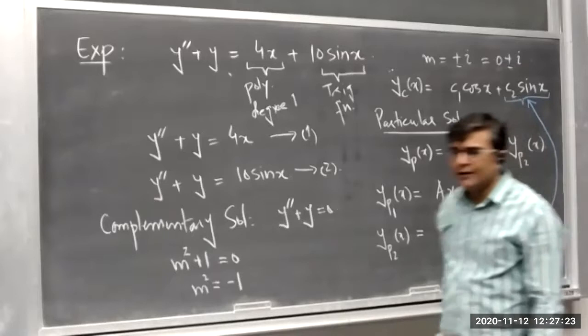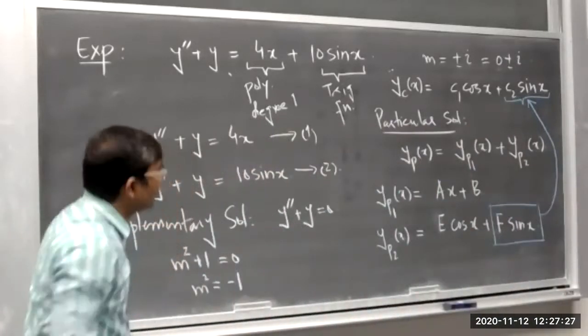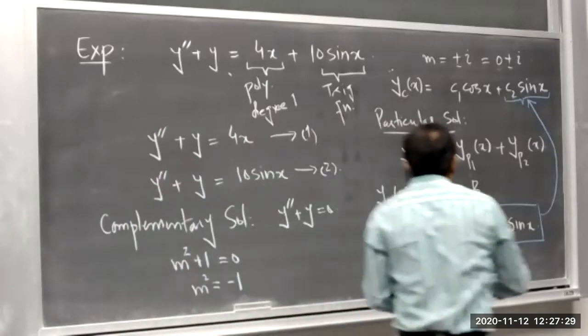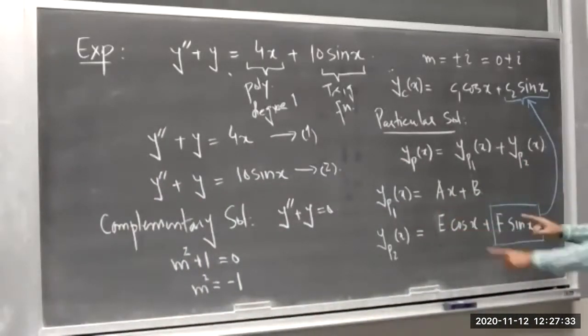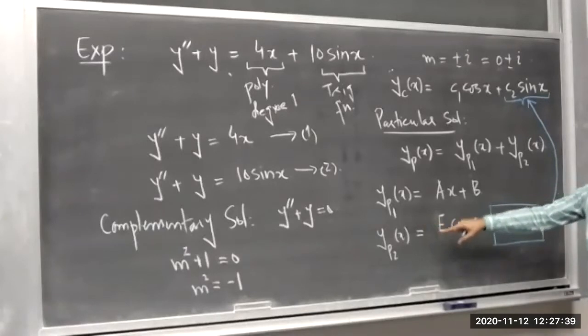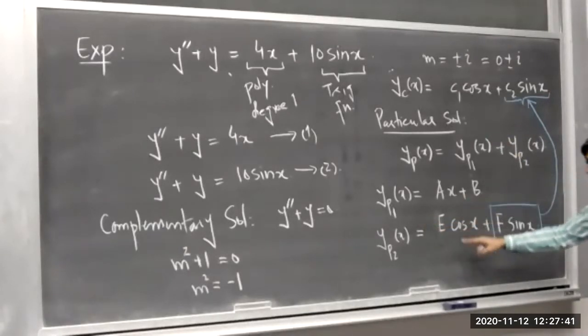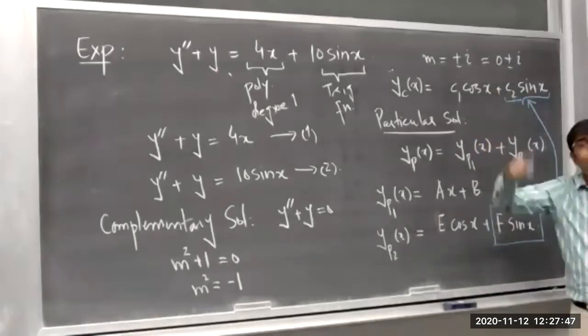So what we do here, we again apply the similar kind of rule. We multiply this second yp by x to the power n and choose the minimum value of n, so that all the terms in the assumed particular solution are different from all the terms in the complementary solution.